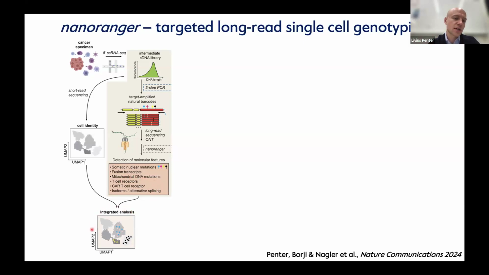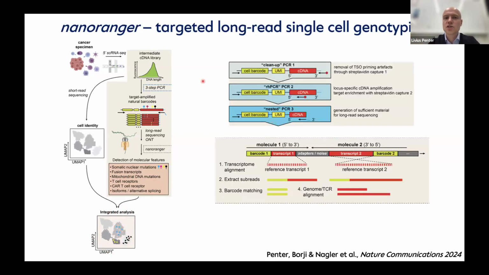And then we integrate that with the Illumina sequencing data, and we get an integrated analysis where we can now say, okay, this or that cluster has this or that mutation, and this allows us to directly identify leukemia cells. I just want to briefly show you the PCR.